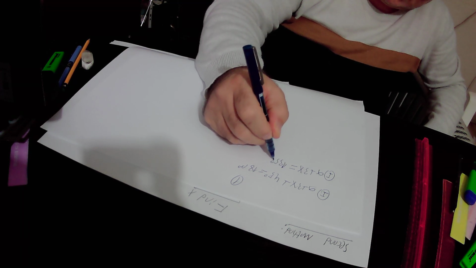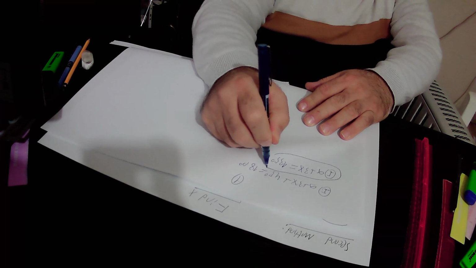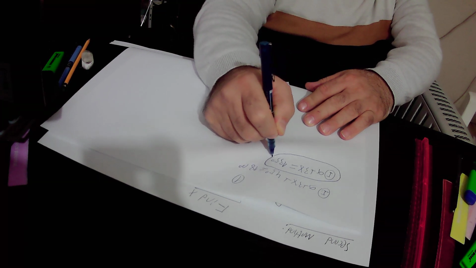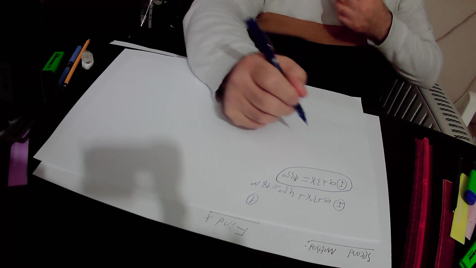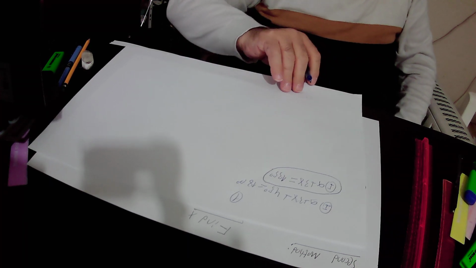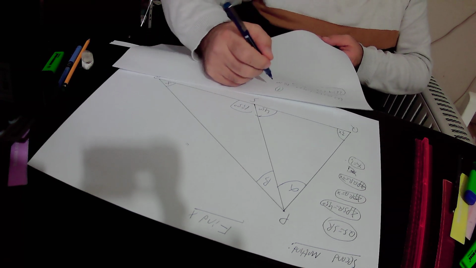So we found out that according to equation number 1, alpha plus 3x equals 135 degrees. So this was on triangle PQS.